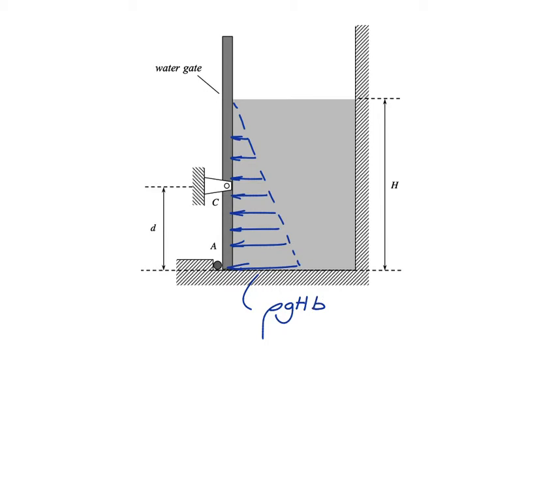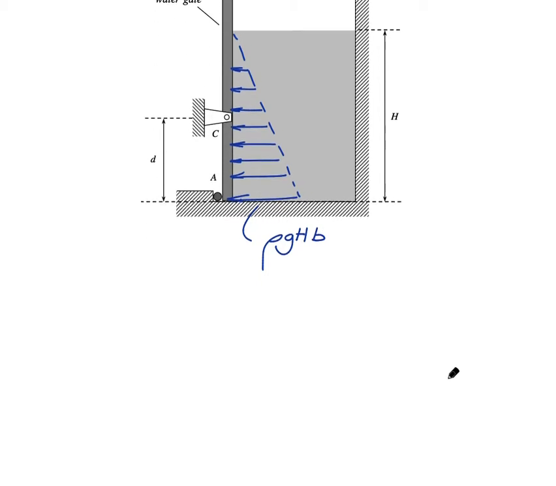So as we draw the free body diagram of this gate, what we need to do is write down the single force equivalent of that. So if the load looks like this, we know that it's going to have a single force equivalent, which I'll call F1 here. That's going to be acting on that gate due to the hydrostatic load.